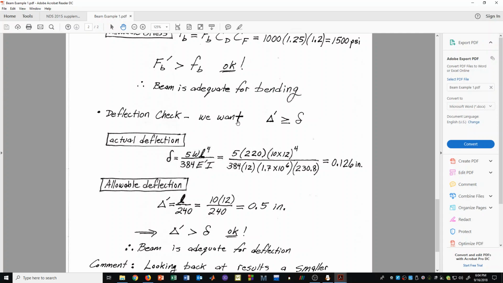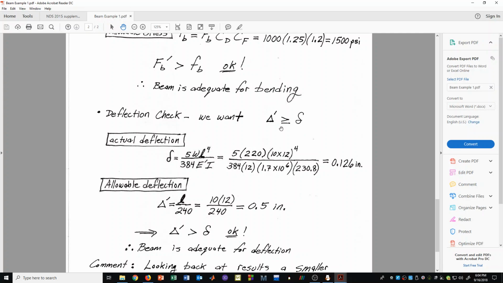We do not want beam deflections to be too excessive, and hence it is common for a deflection limit to be prescribed. Now in this expression, I'm trying to make it look like an allowable stress design equation.